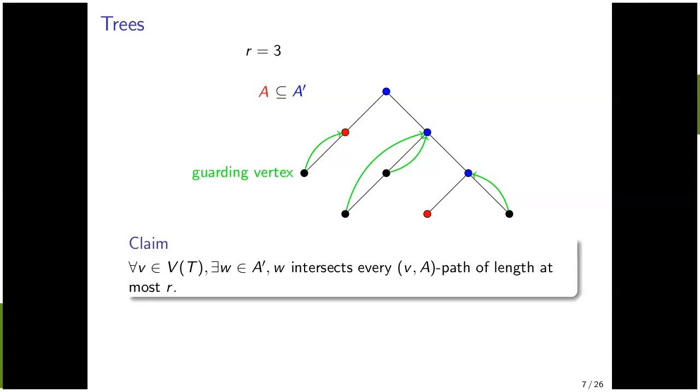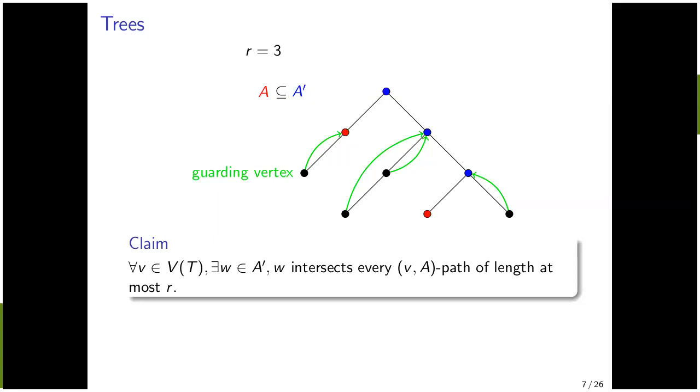And this minimum is an ancestor of both V and the vertex in A. So it belongs to A prime, because it's an ancestor of a vertex in A at distance at most R. And now W is the first vertex in A prime on the path from V to the root, so in particular, W intersects every path between V and A. And so it intersects this path.